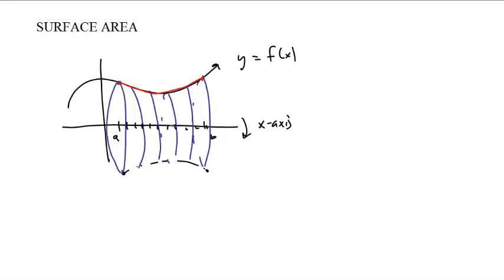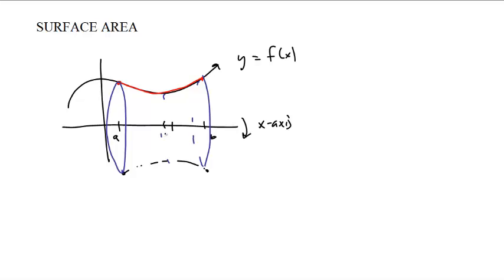But let's take one of the pieces. Let's go from here to here. Let's say that's some point x. How about I get rid of the whole picture, just to give us some more room.